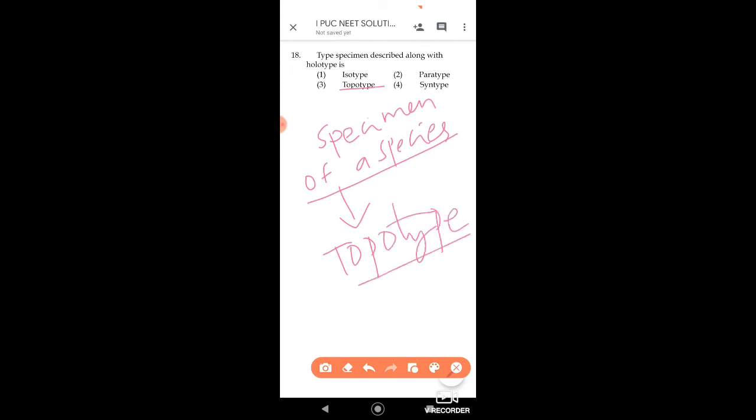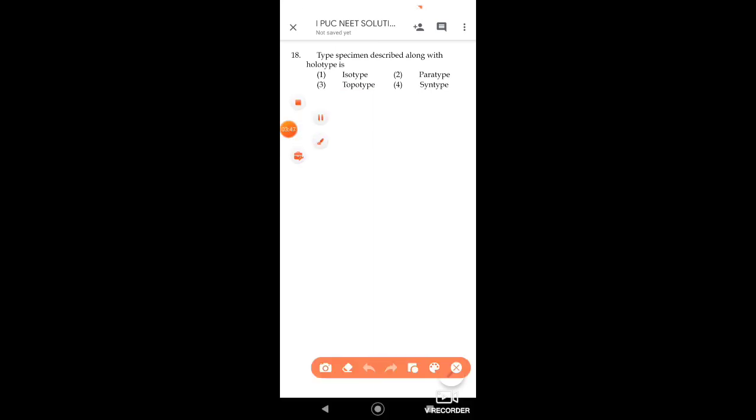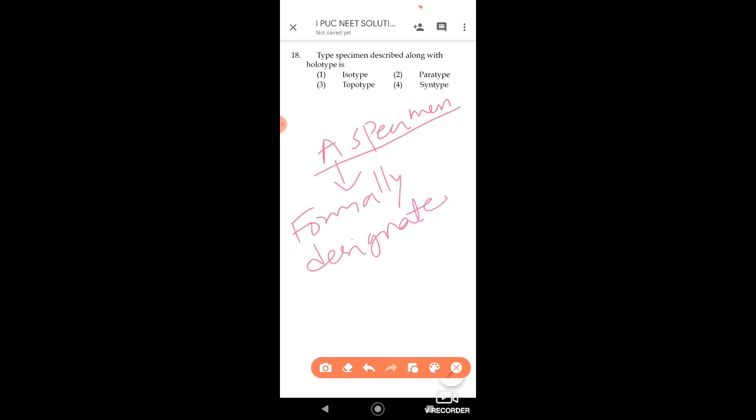Next, dear students, let us move on to paratype. Let me tell you, a paratype is also a specimen. But one thing you need to remember here is that this specimen is formally designated as a type, but not along with the type collection. It is individually described, but not along with the type collection.